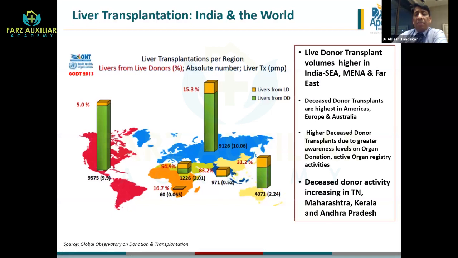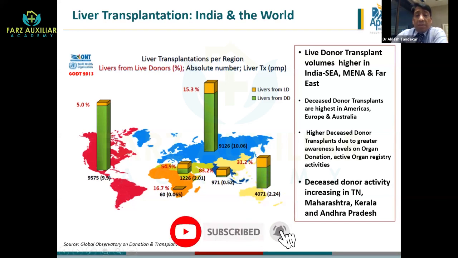If you see the worldwide data outside India, organ donations are maximally happening from the European side, Eastern Europe and Europe.